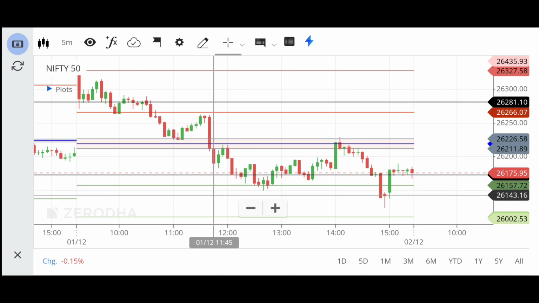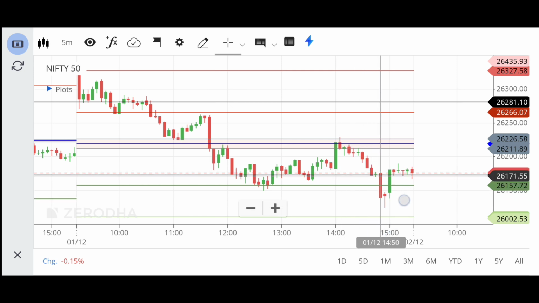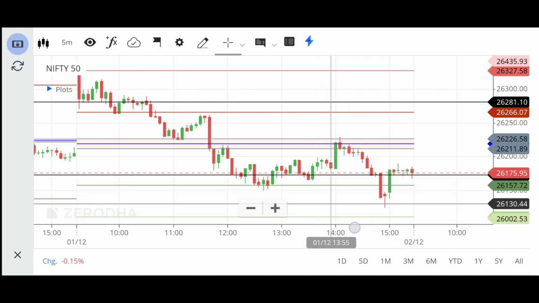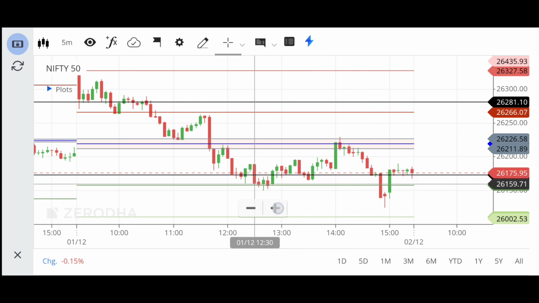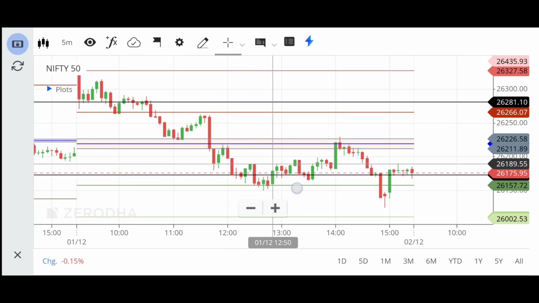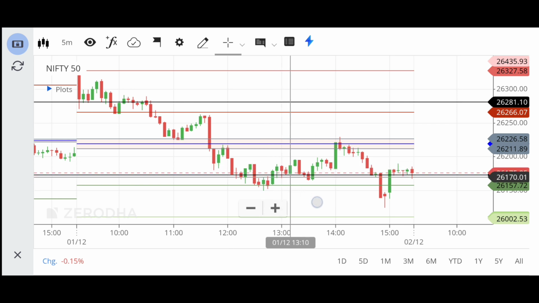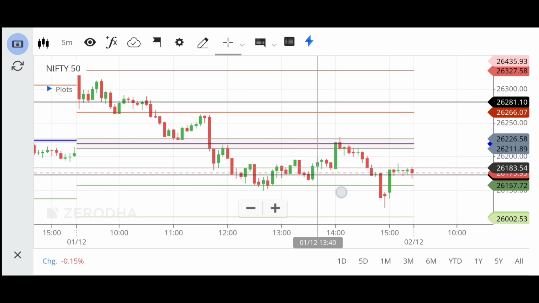So we are not sure it will break the CPR range, and also we have another important level, the previous day low, exactly at the last point of this candle. So it's not good to take the trade. There is also a bearish one, but it is also not good because in the 12:30 candle you see there are a lot of bears here. So it's not good to take a bullish trade here.